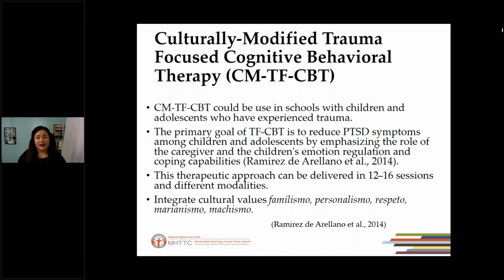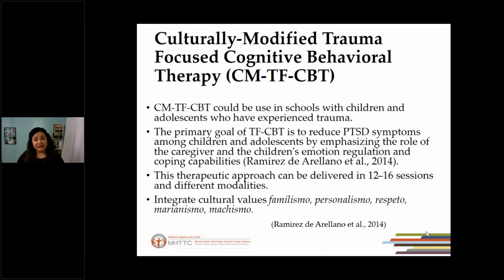So one of the things that makes the cultural modification to the basic TF-CBT is the incorporation of different cultural values. Some of the most specific cultural values that we can talk about is familismo. It talks about the importance of the family, like familia viene primero, or families go first, right? Personalismo is a close relationship with the providers.